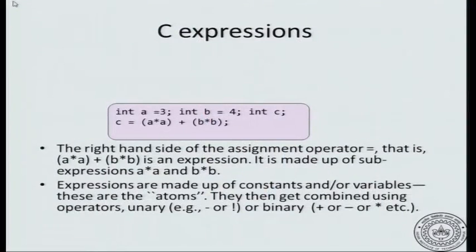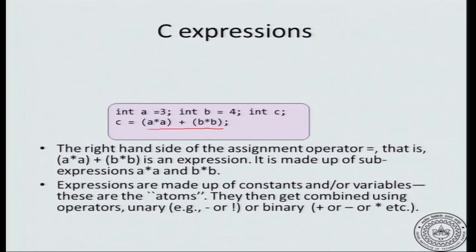So let us consider a few example expressions. For example, I have the following: A is 3, B is 4, and I have a variable C which is just declared to be of type int, and then say that C equal to A times A plus B times B. So the right hand side of the assignment operator is an expression, and that expression has sub expressions A star A and B star B within parentheses.